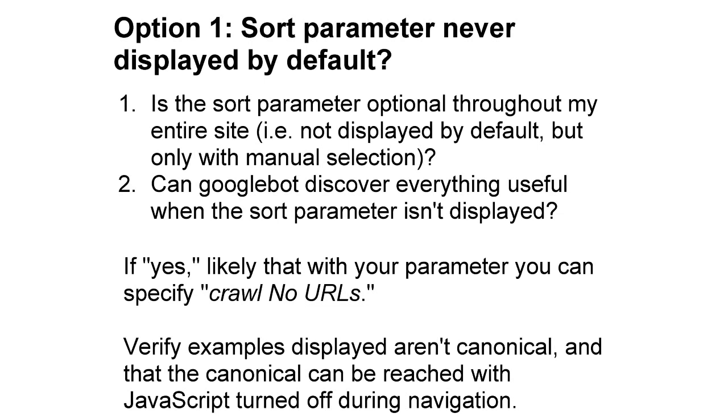Can Googlebot discover everything useful when the sort parameter isn't displayed? Meaning that we can actually crawl all of your items even if no sort parameter is present on the URLs. If that answer is yes, and the first answer is yes, then it's likely that with your sort parameter, you can specify crawl no URLs.